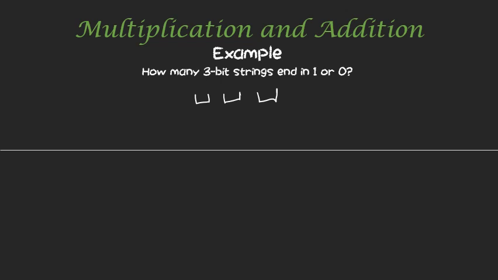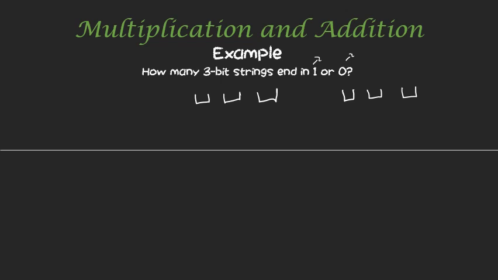And so this question is asking something a little bit different than we've encountered. How many 3-bit strings end in 1 or 0? What we really need to do is first count the number of strings that end in 1 and then count the number of strings that end in 0. And then it seems reasonable that we should add those together. We can think of this as maybe 2 procedures, or tasks and subtasks.